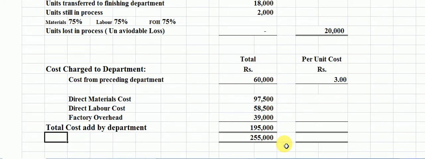Students, this is the total cost to be accounted for, right? Now students, we find the per unit cost.